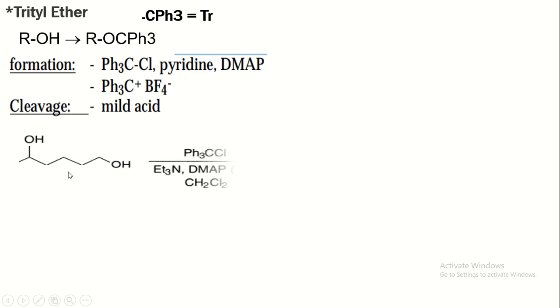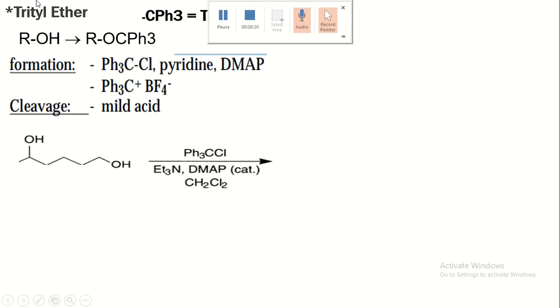Consider this reaction. In this reaction there are two types of OH. One is a primary OH, another is a secondary OH. The primary OH has less steric effect, the secondary OH has more steric effect. Therefore, this reacts with trityl chloride. Which OH is protected? The structure of trityl chloride contains three phenyl groups. Therefore, it is a bulky reagent.